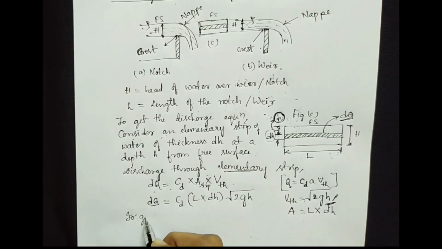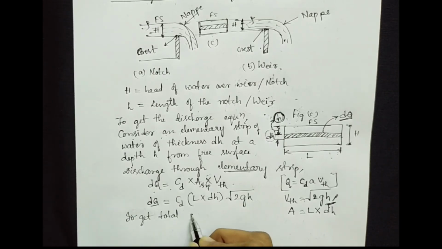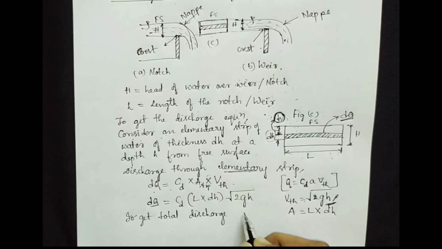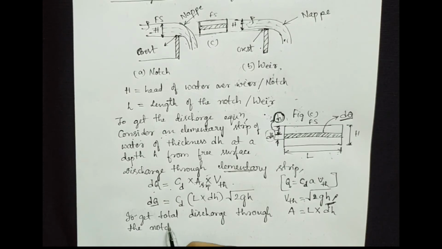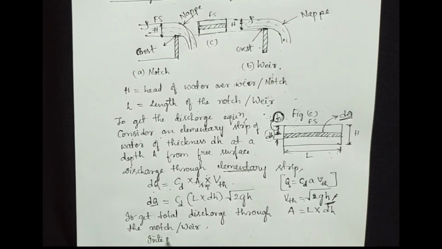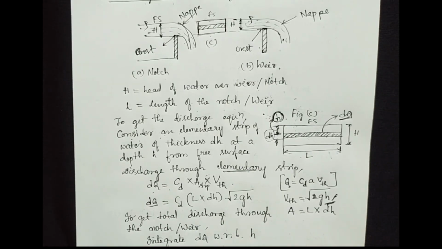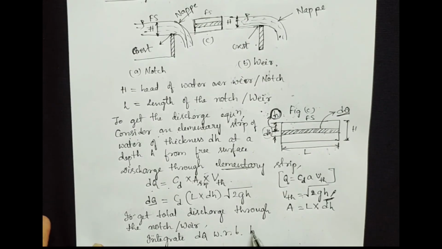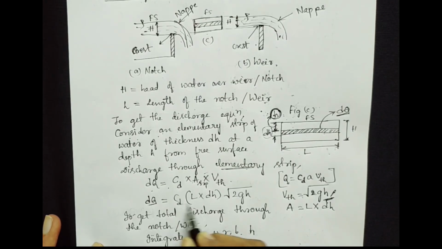To get the total discharge through the notch or weir, we integrate dq with respect to h, that is, Cd into L into dh into root 2gh.